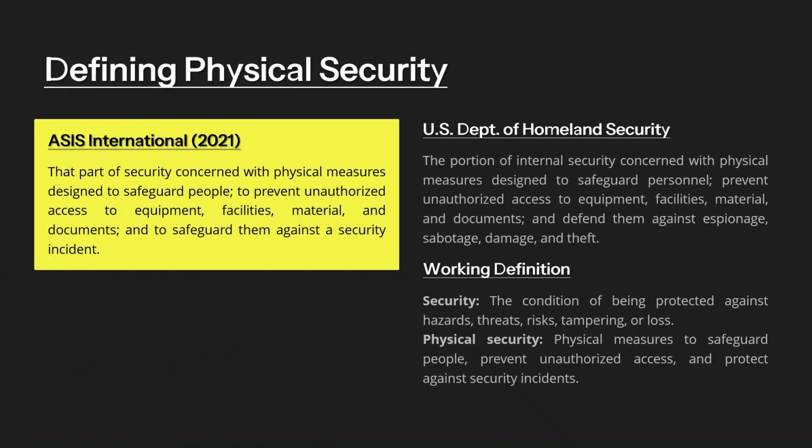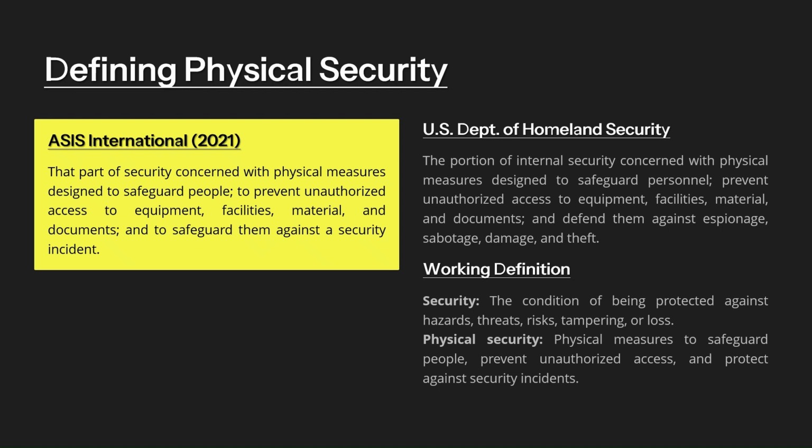Let's look at how physical security is formally defined. According to ASIS International, physical security involves measures designed to safeguard assets, including people, property, and information against security incidents such as unauthorized access, theft, or damage.